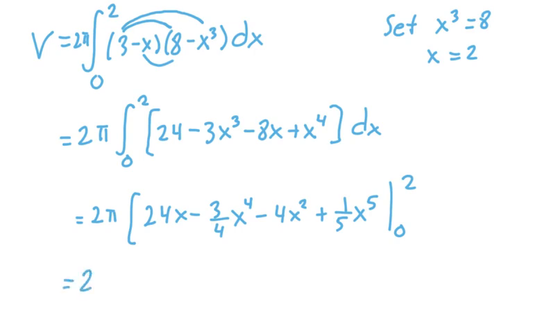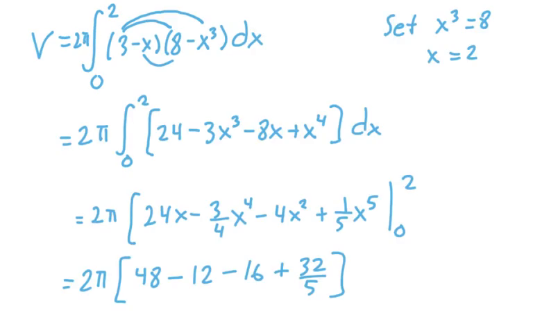So we got to plug in. If I plug 2 in for x, I get 48 minus 2 to the 4th is 16, 16 divided by 4 is 4, 4 times 3 is 12, minus 16 plus 32 over 5. So 48 minus 28 is 20.